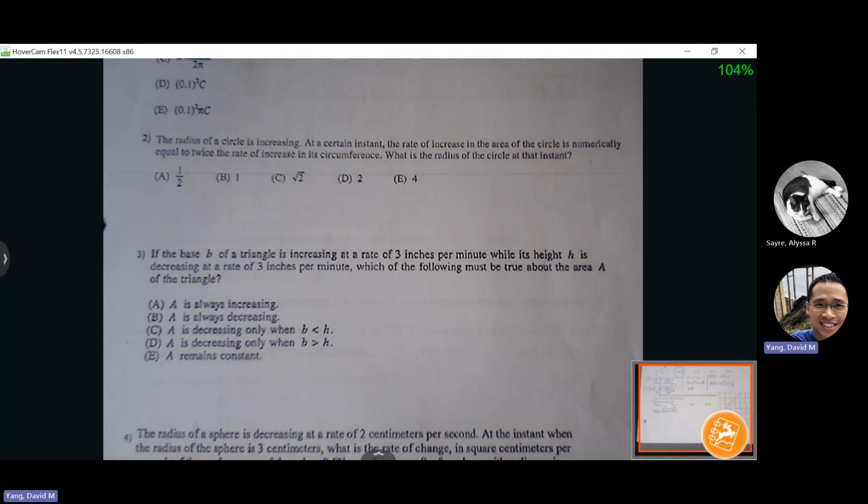And then for C, A remains constant. That means dA/dt is 0. But dA/dt is only 0 if H and B are the same. So we can't guarantee that without knowing what H and B are.